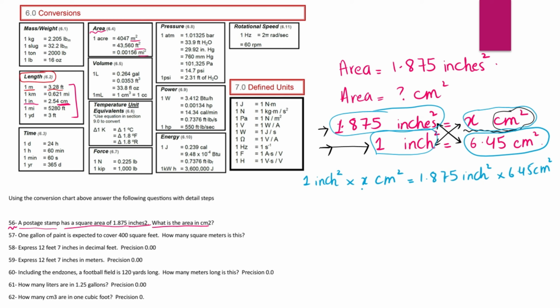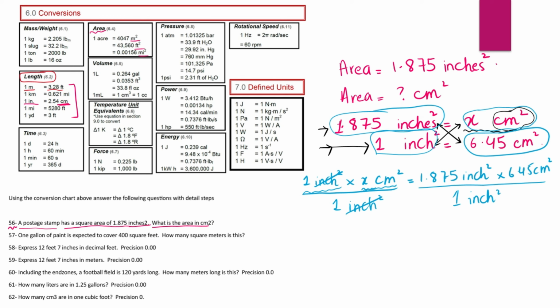Okay, now we need to find this x, right? So we need to remove this 1 inches square. For that we will divide both sides by 1 inches square. You can see here this inches square will be cancelled by this inches square because they both are dividing.